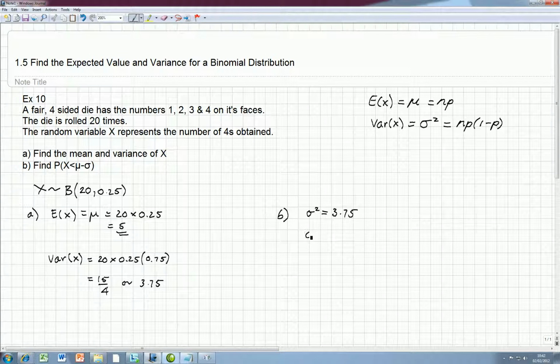Sigma is going to be the square root of that. If you put that into your calculator, you should get 1.936, etc.